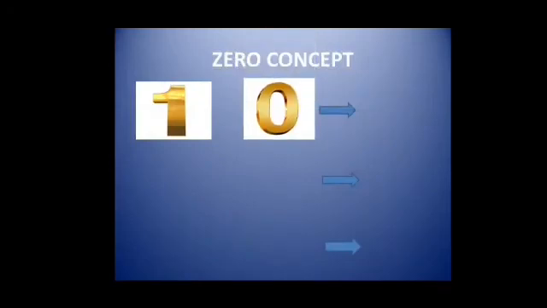As it doesn't have value, we started to count and write the numbers from 1, 2, 3 and so on. As a single number 0, it doesn't have value, but when it joins with another number like 1, 0, together we get a new number 10.